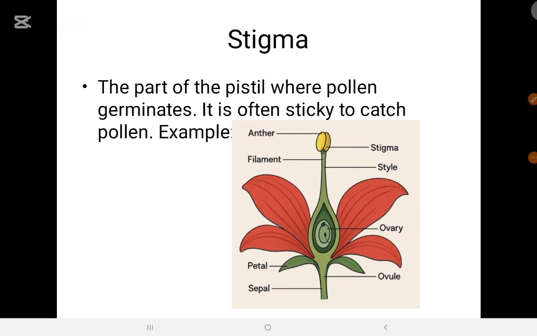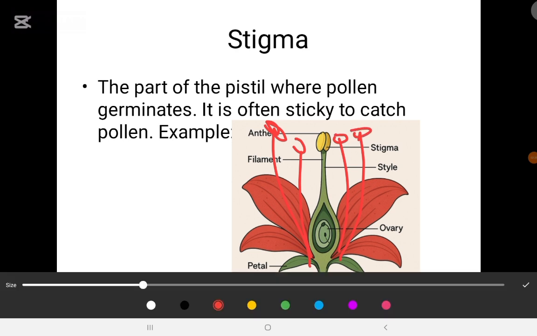There are supposed to be some stalks appearing here, like this. On these is where we're supposed to have our anther, basically.